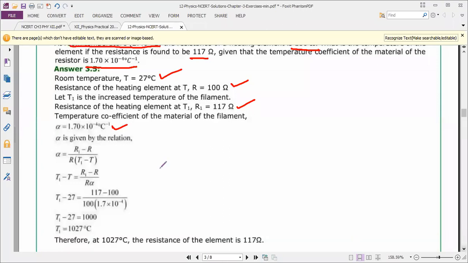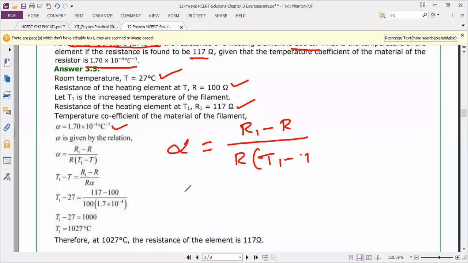Listen, alpha equal to R1 minus R divided by R into T1 minus T. Just apply the values. R1 value 117, R value 100, again R value 100 into alpha value 1.7 into 10 power minus 4.